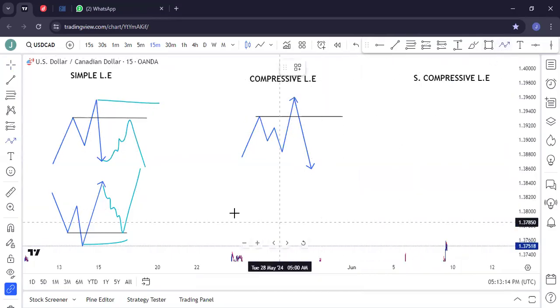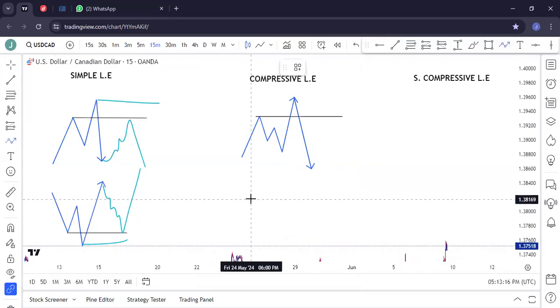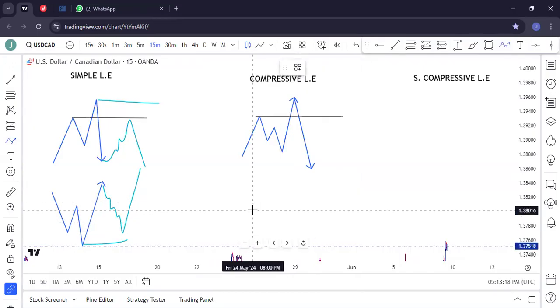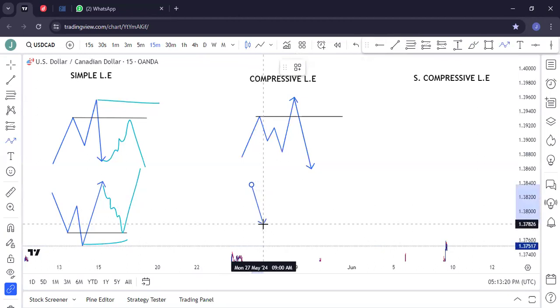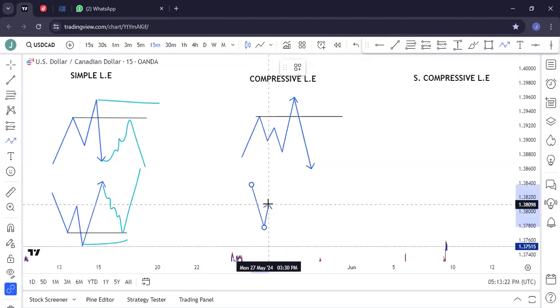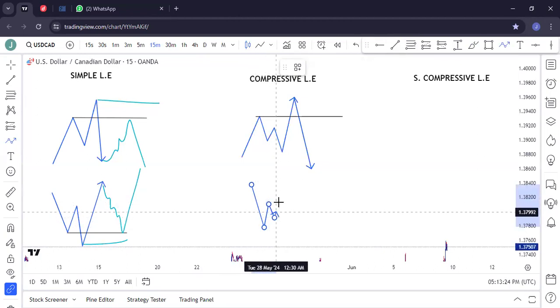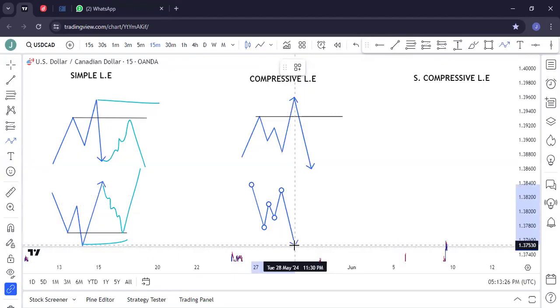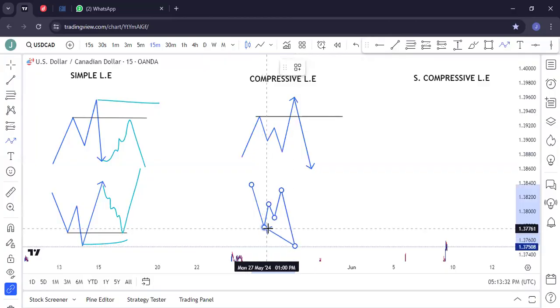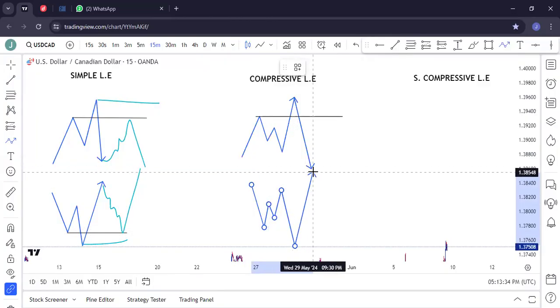In the bearish movement, you can see a movement like this. When the market creates a low, then creates a small bearish movement, then comes and breaks this low here, then changes the character.